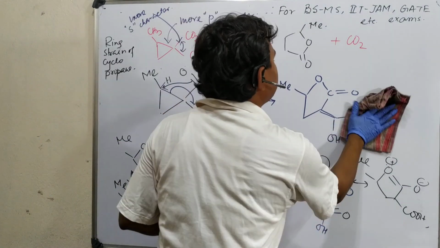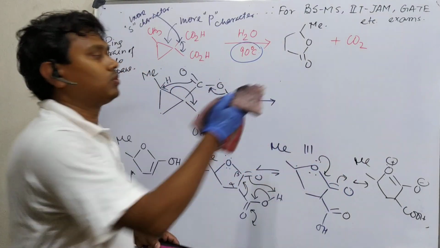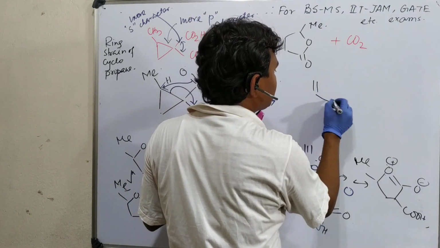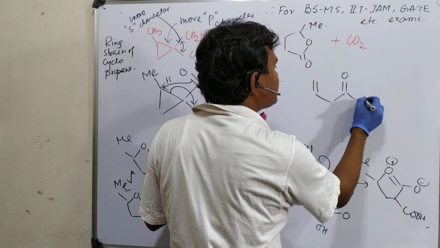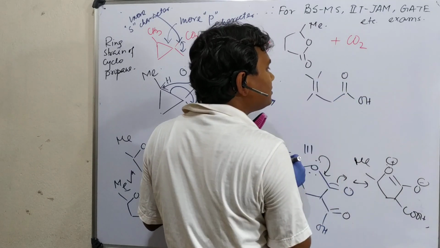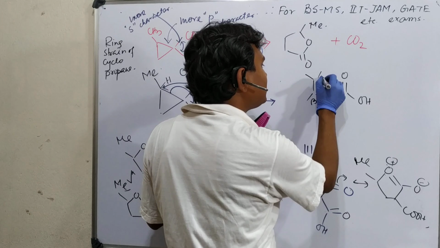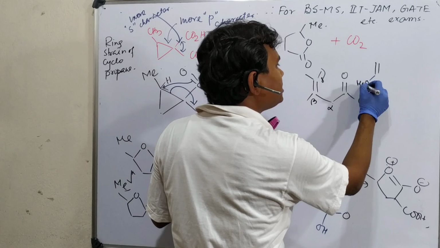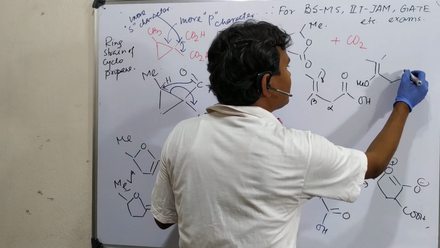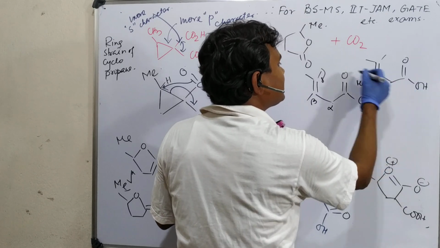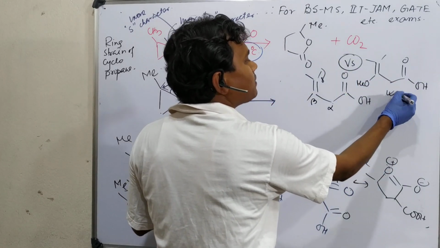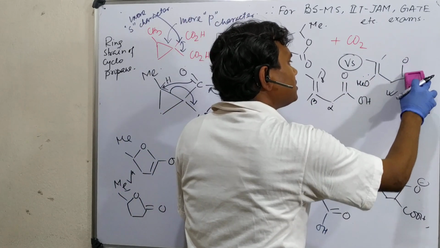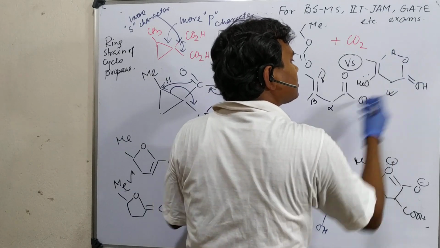As an example, I can give you a comparison. Means this is a beta gamma unsaturated carboxylic acid. Fine. This is alpha, this is beta, this is gamma. And if you compare this with the corresponding OMe derivative, means a vinyl ether, you can say. So if you consider their reactivity, this versus this is far more reactive, because during the transition state, the transition state involves this.